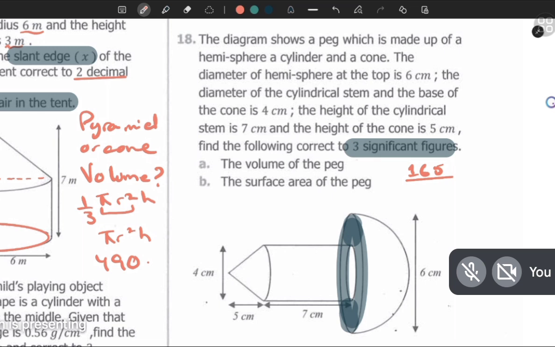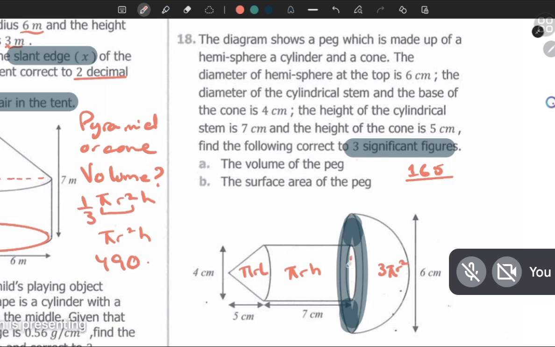Did you get the answer for the surface area? For this, you'll have pi r h. This will be pi r l, right? And this will be 2 pi r squared. And then for the circle, you'll have 3 pi r squared, in fact.